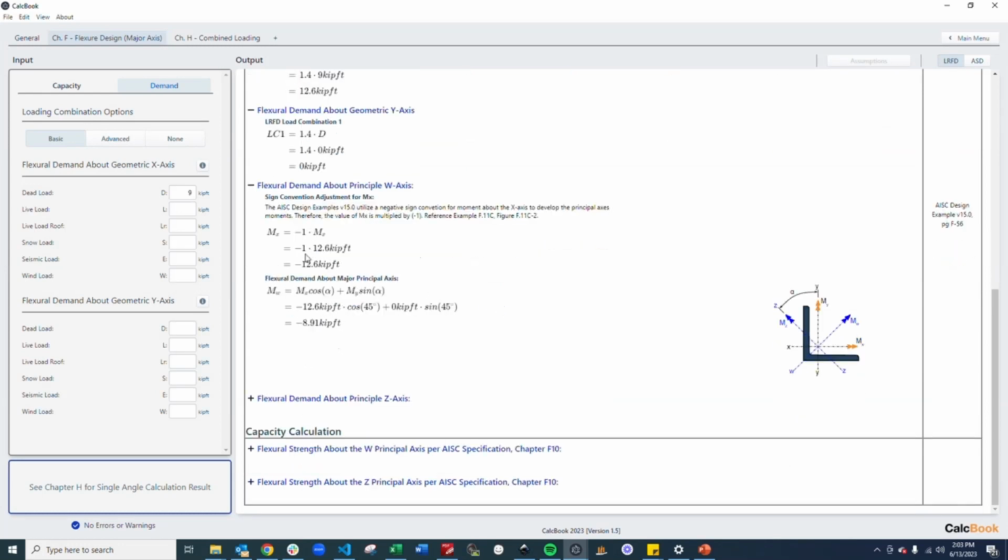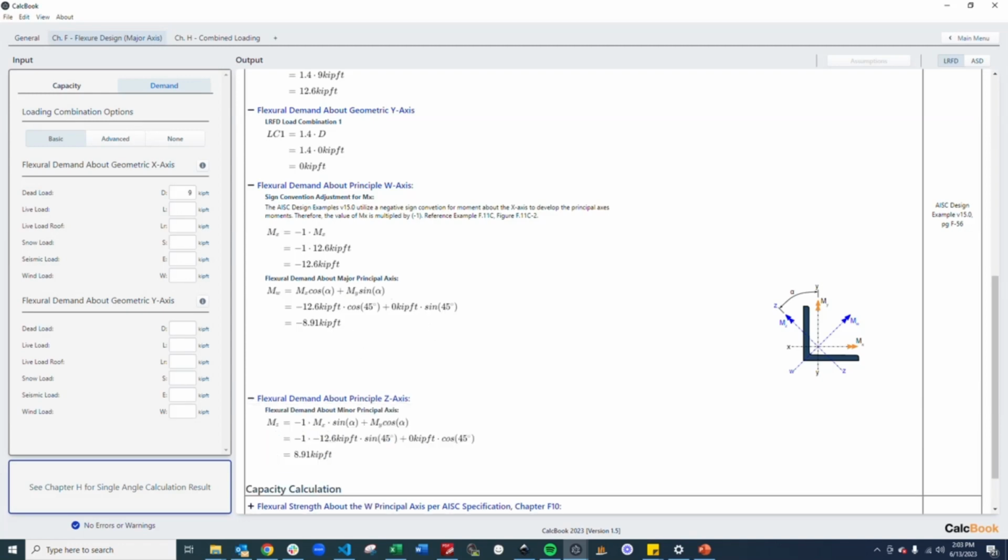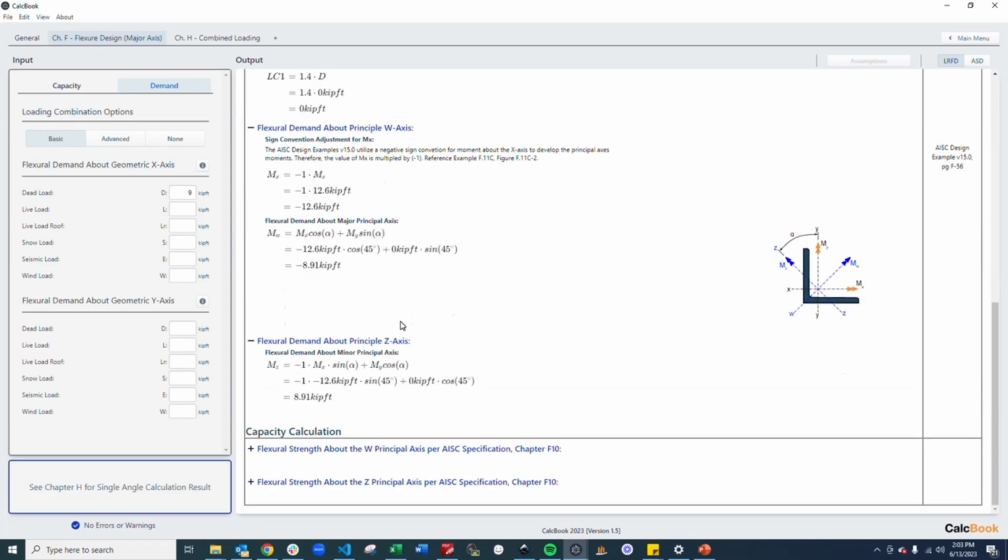We do have a little bit of sign convention to take care of, so we multiply that moment about the x-axis by -1, and then we find the demand about the major principal axis, MW, which is going to be -8.91 kip feet. Even though we don't have any bending about the y geometric axis, we still get bending about the z principal axis because of the rotation from the moment about the x-axis. Because it's an equal angle, it's going to be the same moment, just a different sign convention.